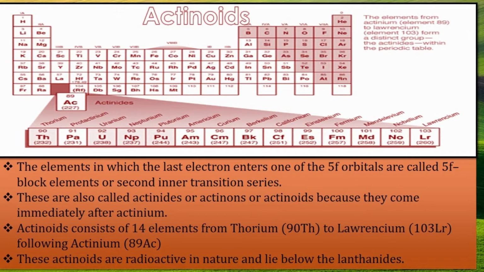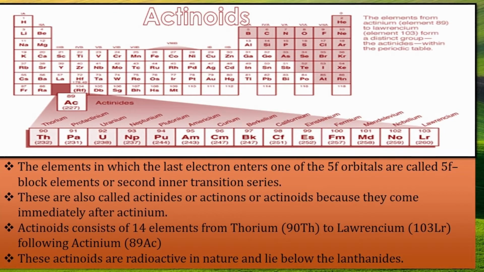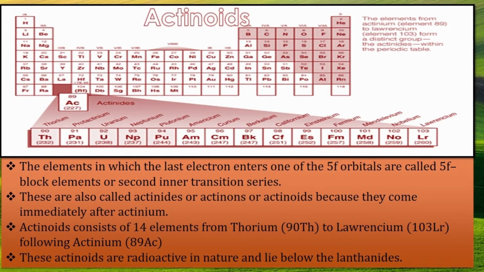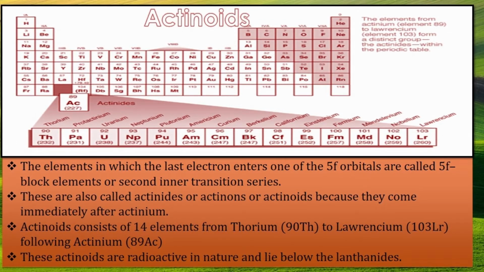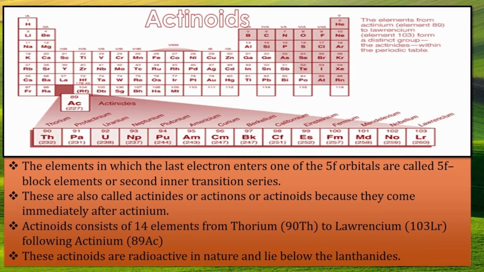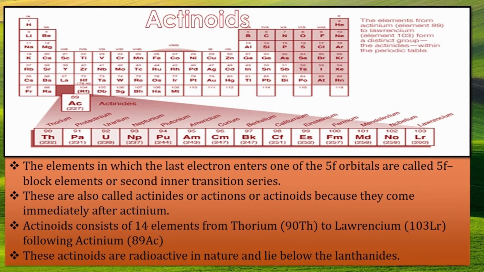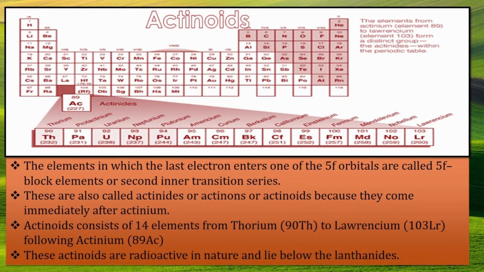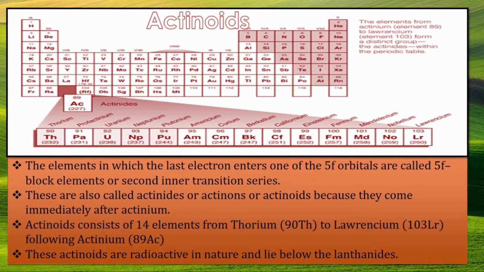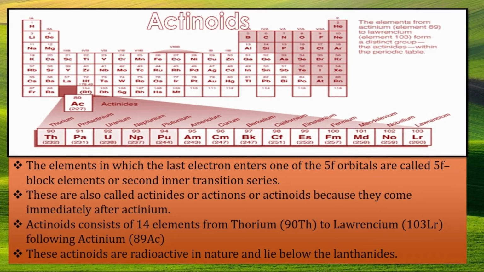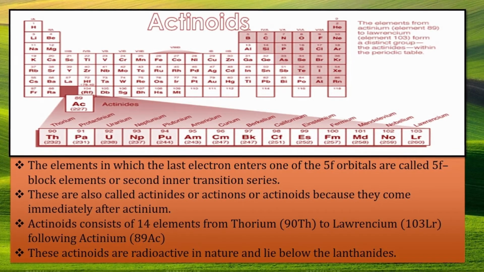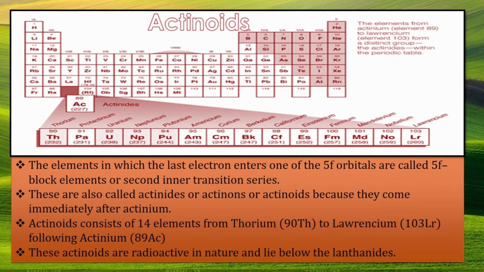The 5f block elements closely resemble actinium, which is the first element of the fourth transition series. So they are called actinoids. Actinoids consist of 14 elements from thorium to lawrencium. Apart from that, actinium, which closely resembles actinoids, will also be included in the discussion of actinoids.